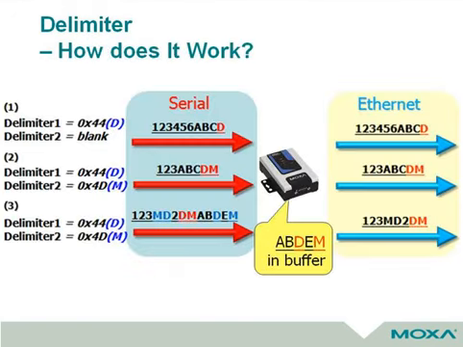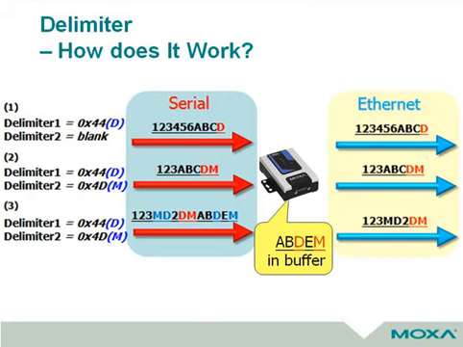Now, I will give you some examples. In example 1, I set delimiter 1 to 44, which is D in ASCII code, and leave delimiter 2 blank. The serial port will not send out the data to Ethernet before it receives the character D. After receiving D, the serial port sends out the data to Ethernet directly.